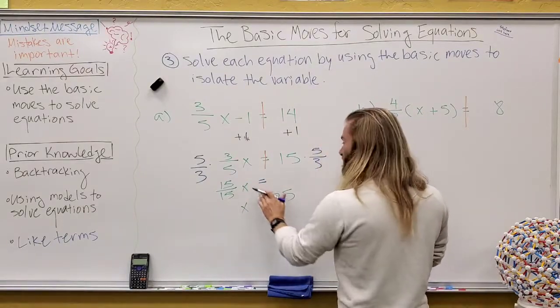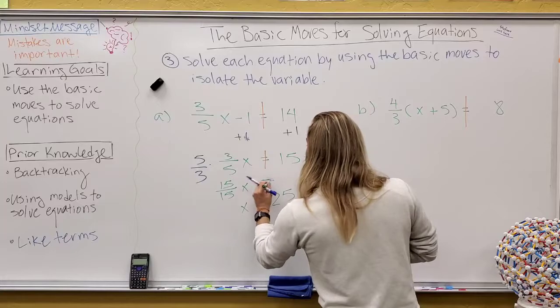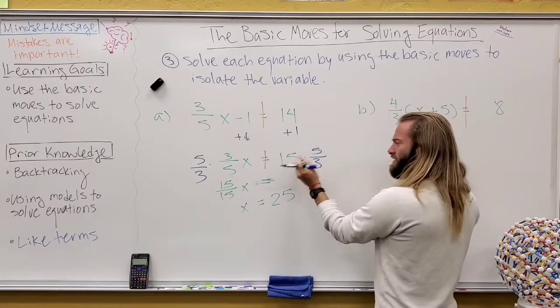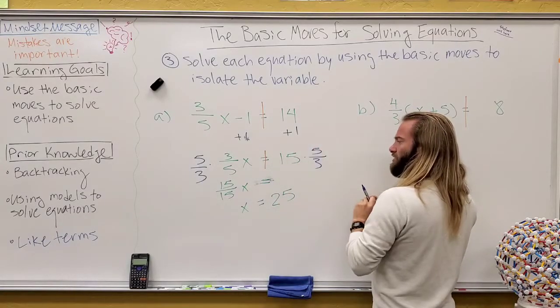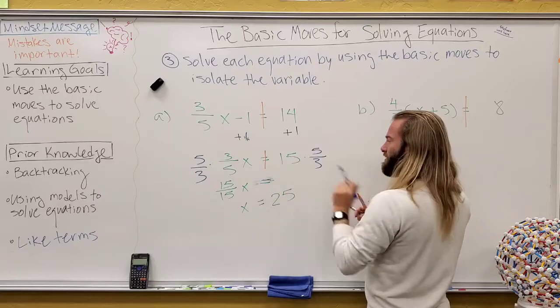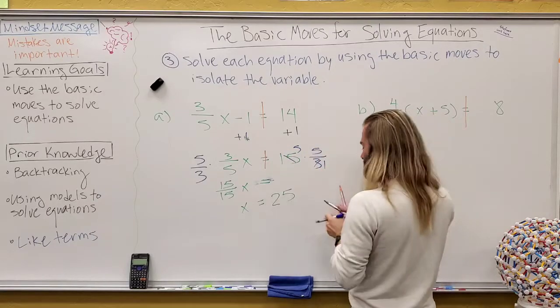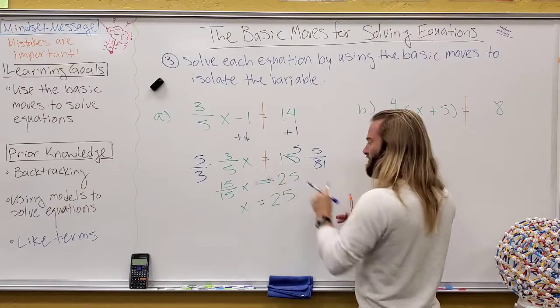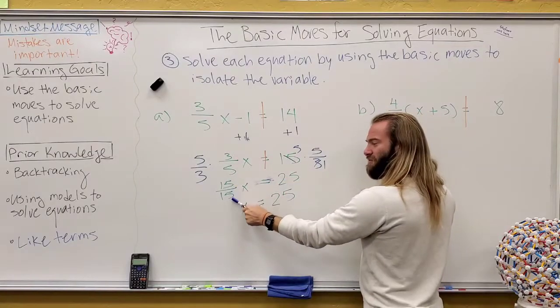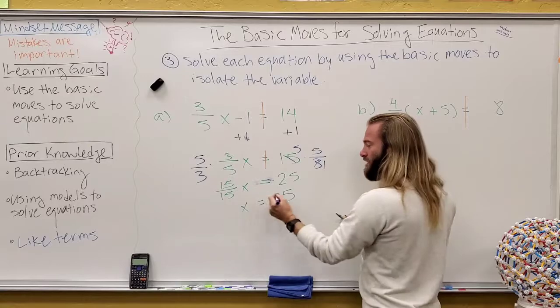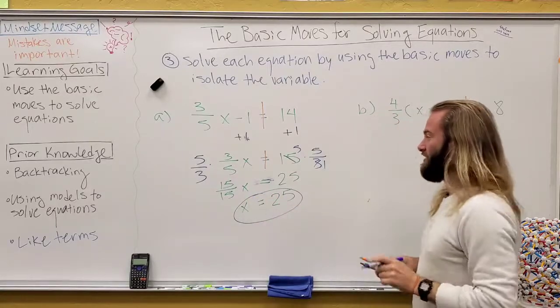And I get 15 over 15x equals 15 times 5 over 3. Don't forget that this can simplify and become 5 and 1. 5 times 5 is 25. And if that's 15 over 15, that's just equal to 1, and we get x equals 25.